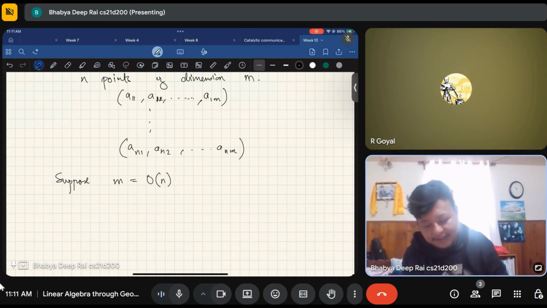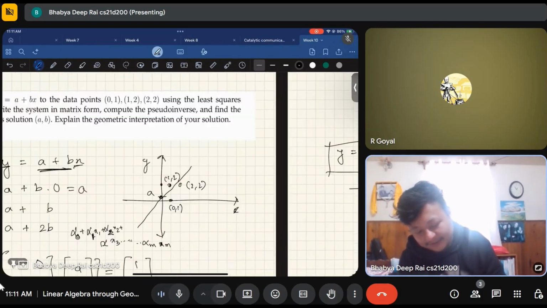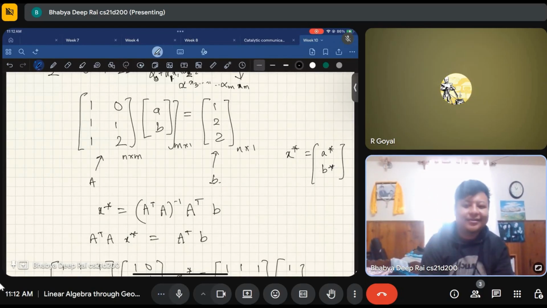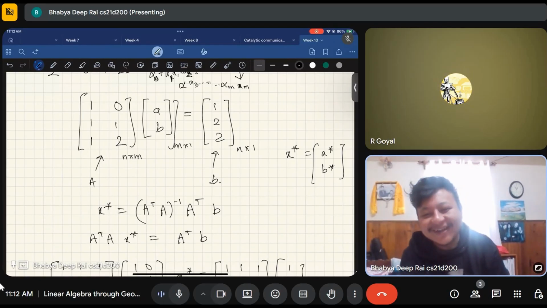Then matrix multiplication will take at most n cube time in the worst case. The best you can do is 2.37, the state of the art, but let's still say n cube only.